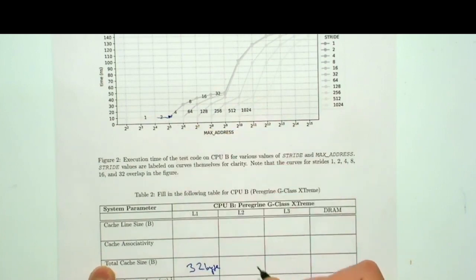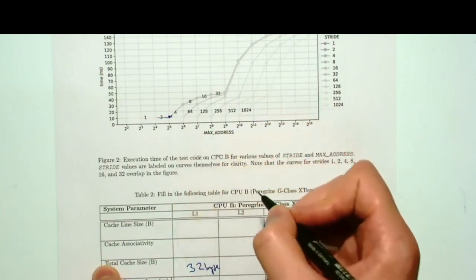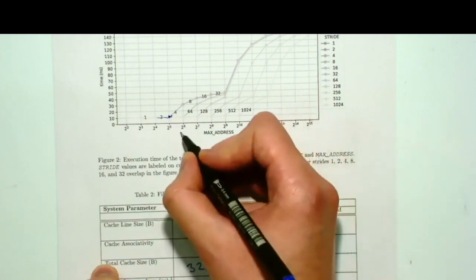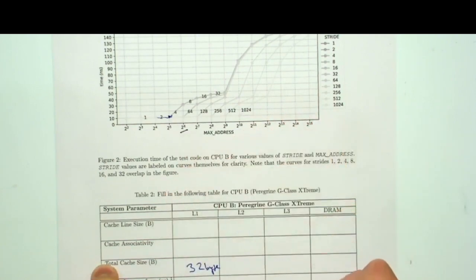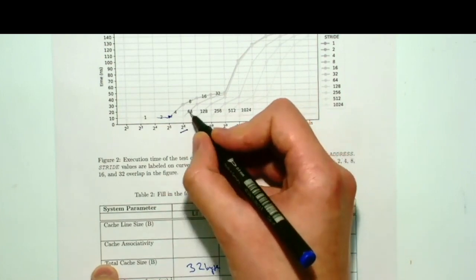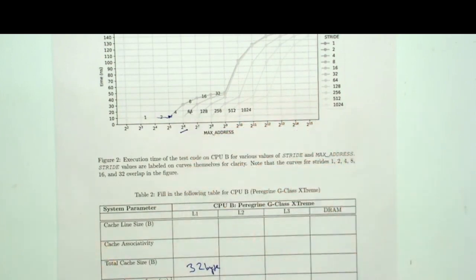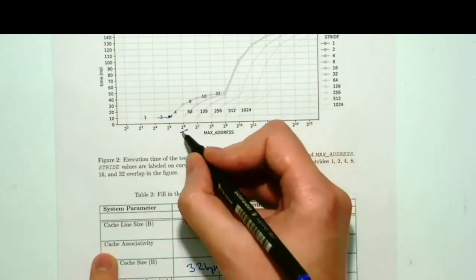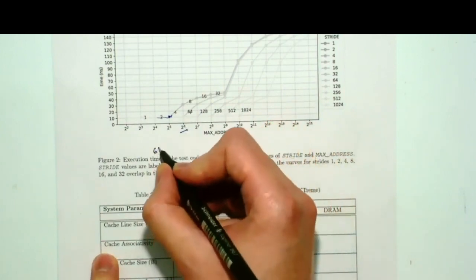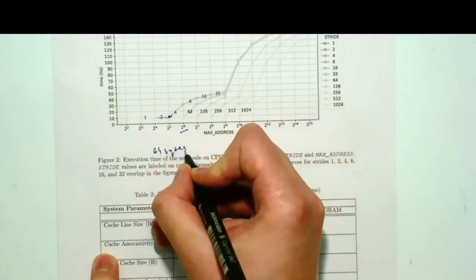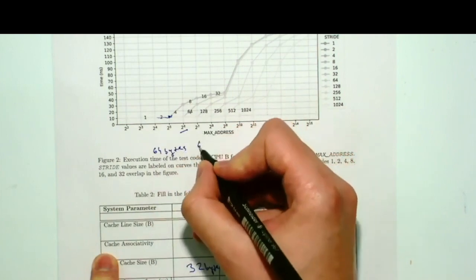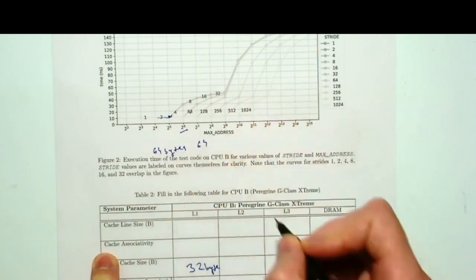For associativity, we do the same, right? What we did last time was looking at the max address for a stride that can still fit all of its data in the cache. So it is 2 to the 6th, which is 64 bytes, with 64 stride.